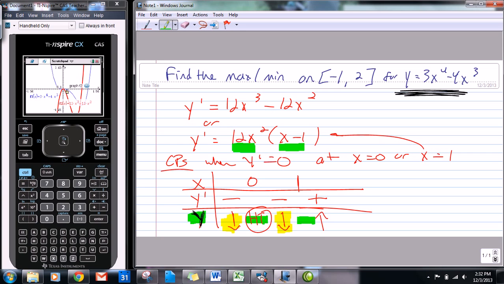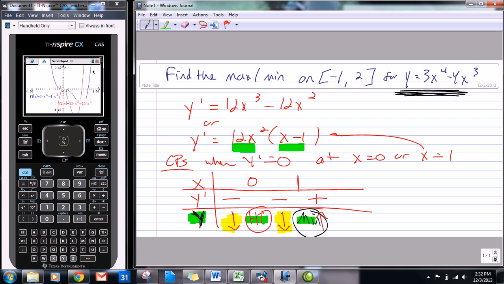That's where it changes from decreasing to increasing. That's right, that makes it a min. So I now know for sure, which was fairly obvious just by looking at the function, that at x equals 1 we have a minimum value. But just looking at something isn't very rigorous, right?